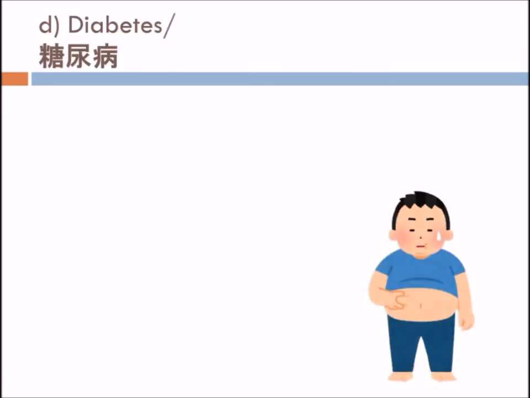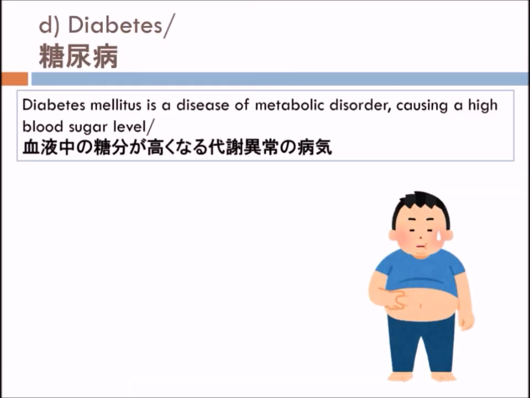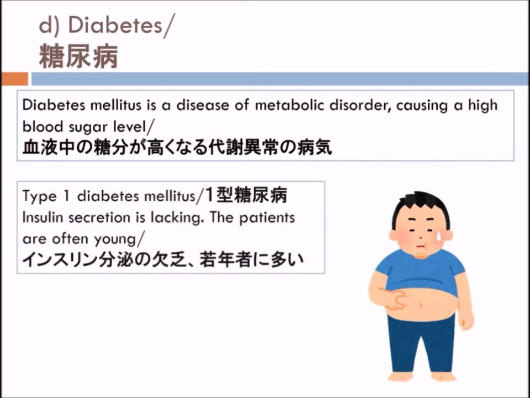Diabetes. Diabetes mellitus is a disease of metabolic disorder, causing a high blood sugar level. In type 1 diabetes mellitus, insulin secretion is lacking. The patients are often young.